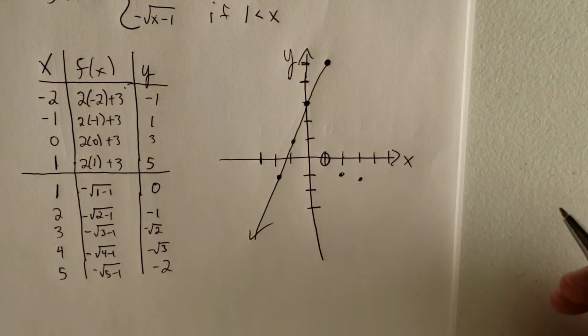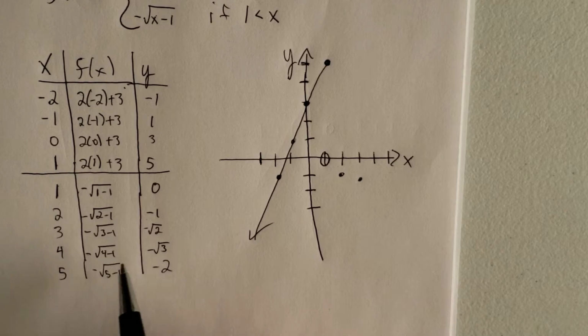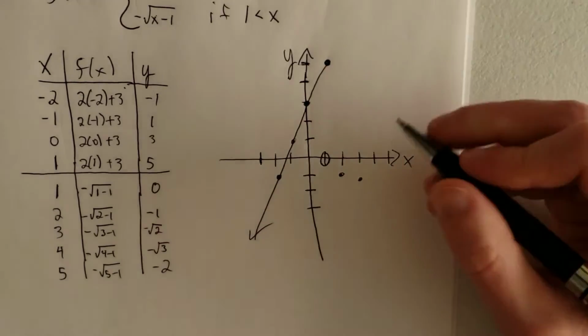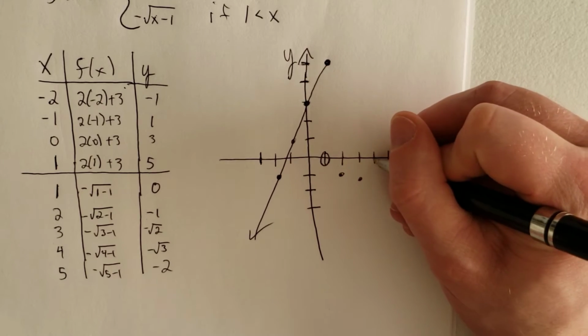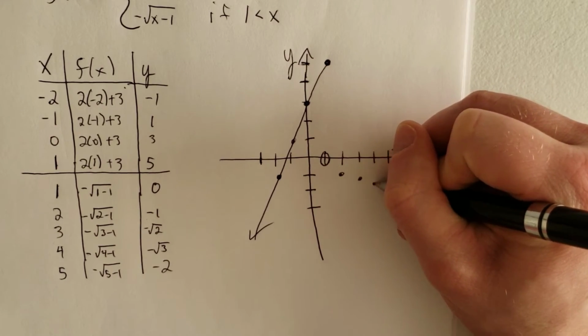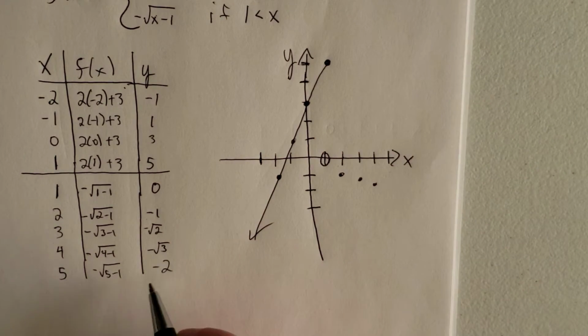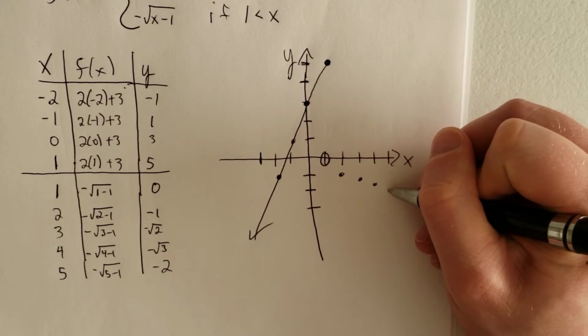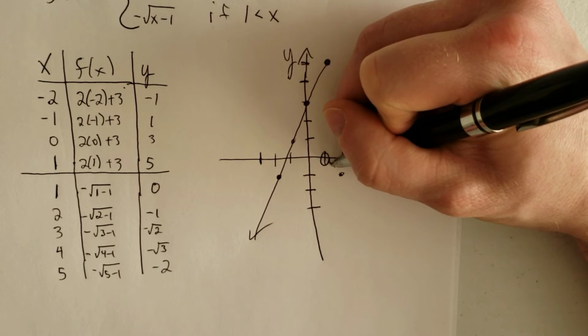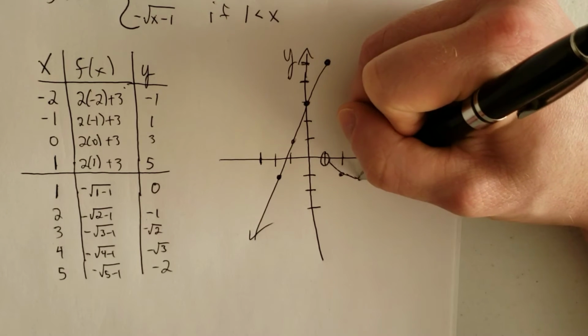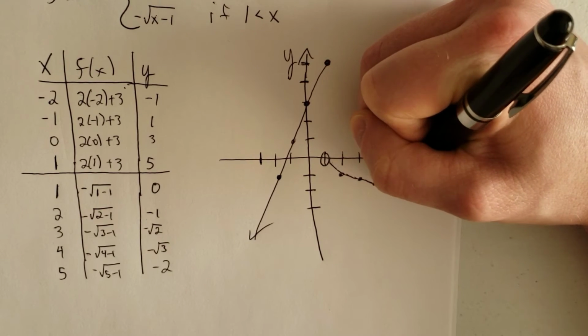So I'll plot that point. 4, negative root 3. Negative root 3 is roughly negative 1.7. And then 5, negative 2. And here we sketch the graph as well.